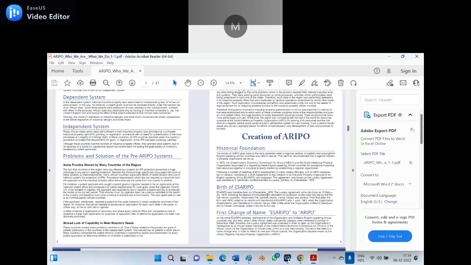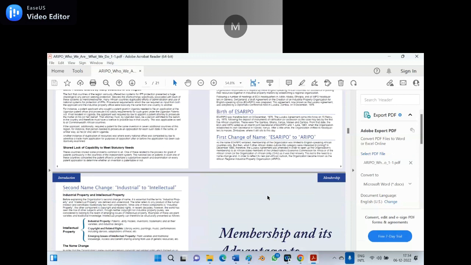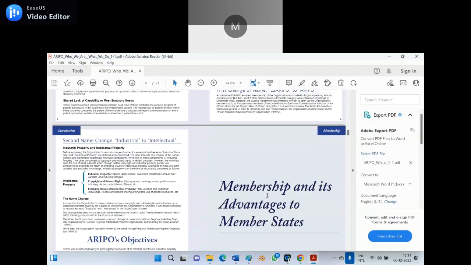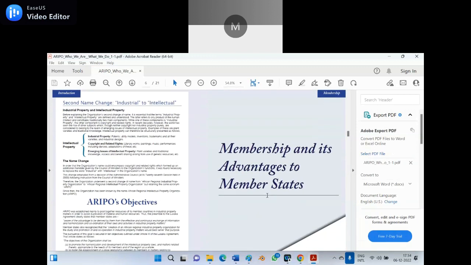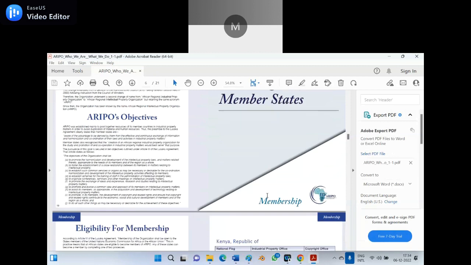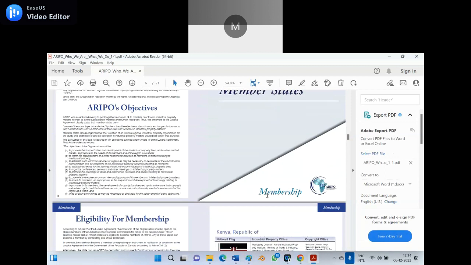That is an important factor: how ARIPO was created, and who the members of ARIPO are. It is clearly written, along with the advantages to member states, how it can be useful if you become a member of ARIPO. Yes, it has the objectives here, very clearly written.